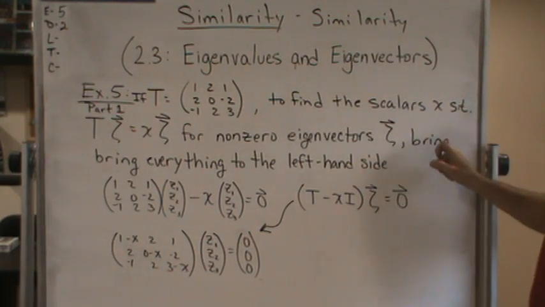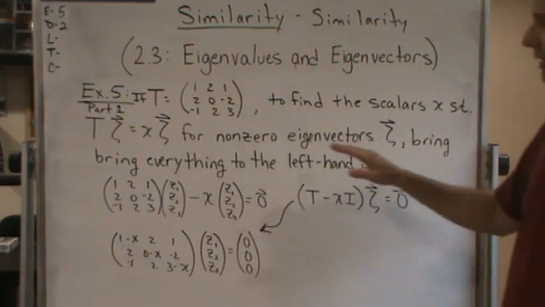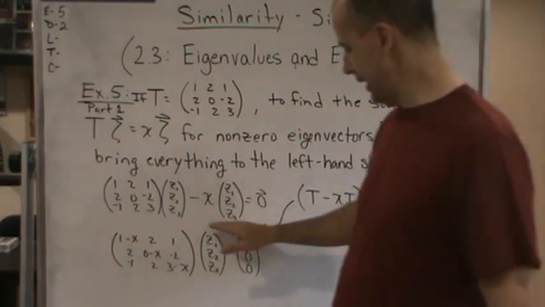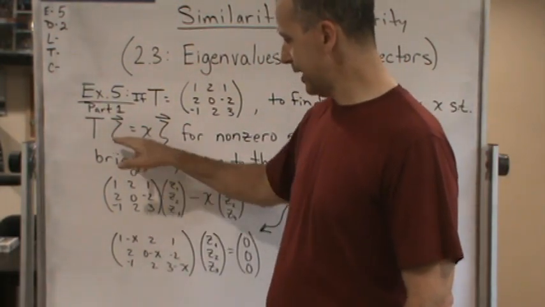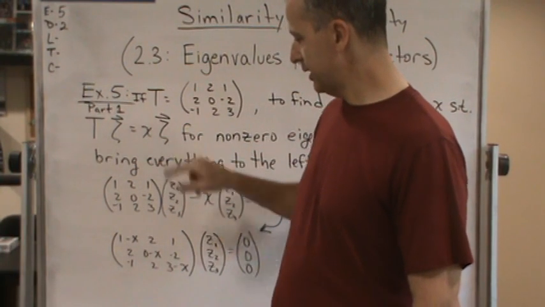What we're going to do is bring everything to the left-hand side. So we take this equation and write it as T zeta minus x times zeta.